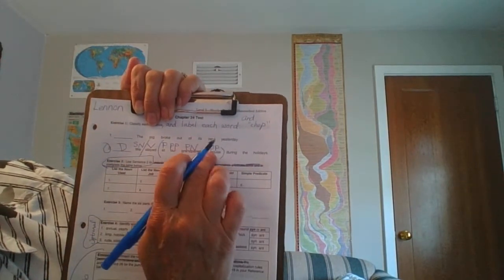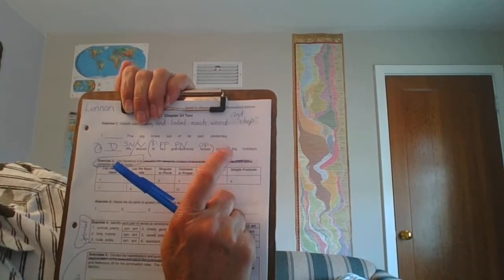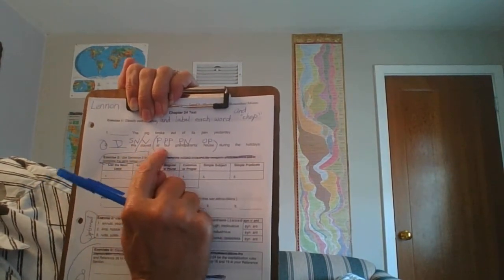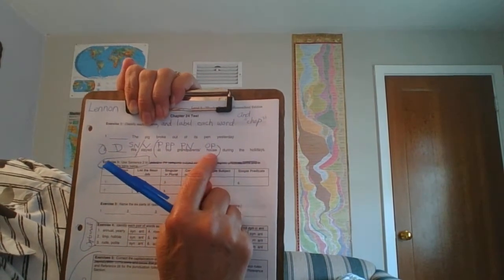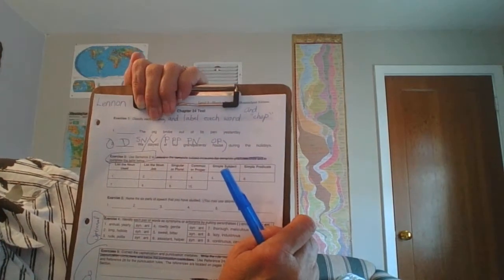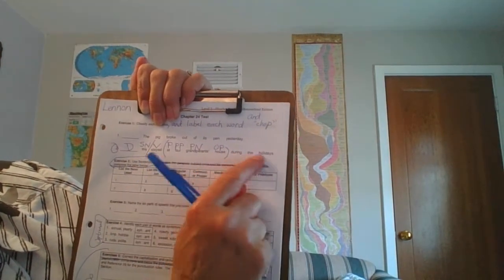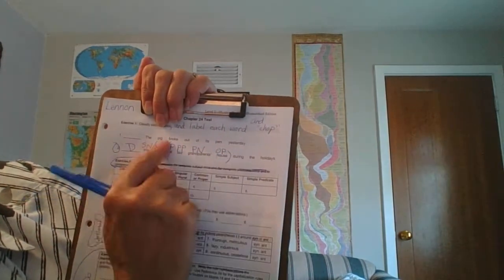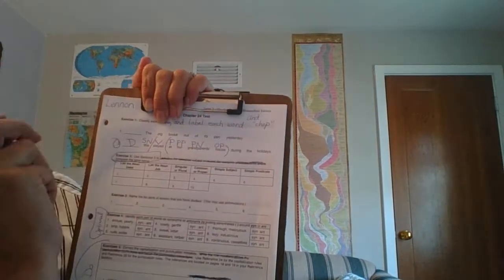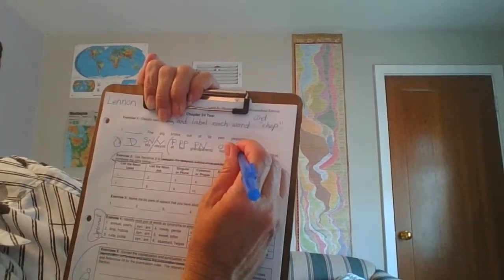All right, let's move on. The rest of the sentence says, during the holidays, we stayed at our grandparents' house during the holidays. Well, we still have some words that are connecting to our main subject and main predicate. So guess what?